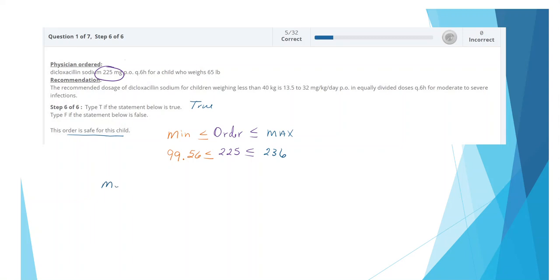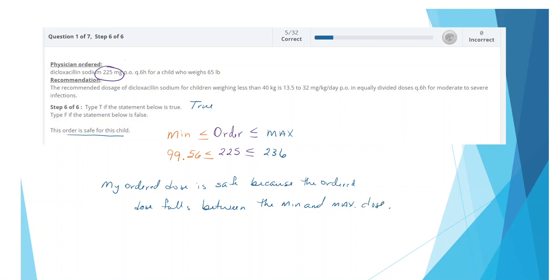So my ordered dose is safe because the ordered dose falls between the minimum and maximum dose.